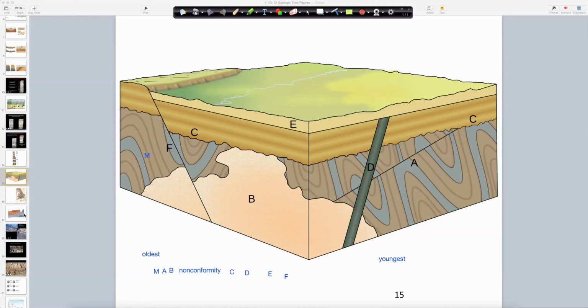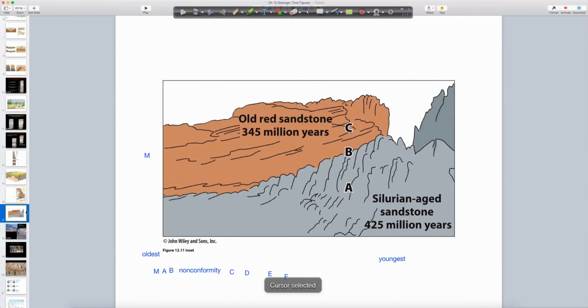And I'm going to briefly talk about section 12.5, since I already talked about unconformities previously. So I'm just going to mention this.